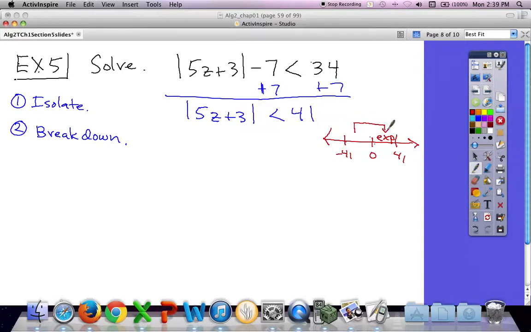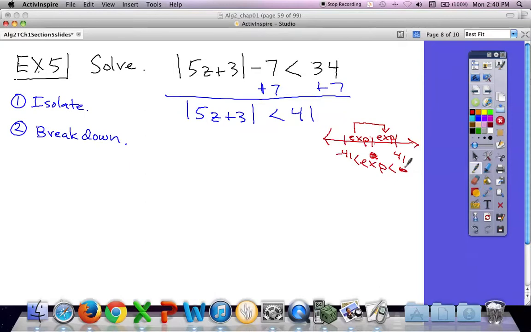It flips the sign, but it's still between 0 and 41, and that's okay. It's not okay if it's less than negative 41. Then when you take the absolute value, it's all the way up there. So it's okay if our expression is here or here. So our expression is greater than negative 41 and less than 41.